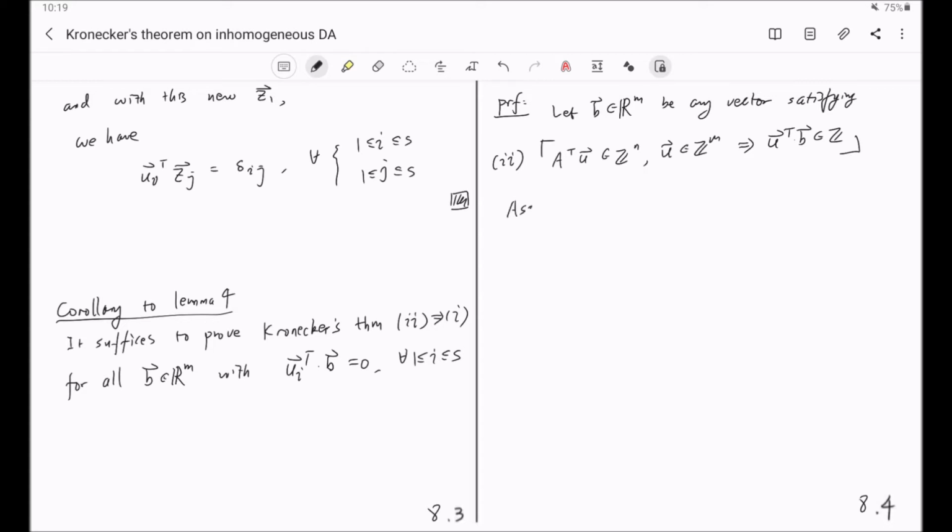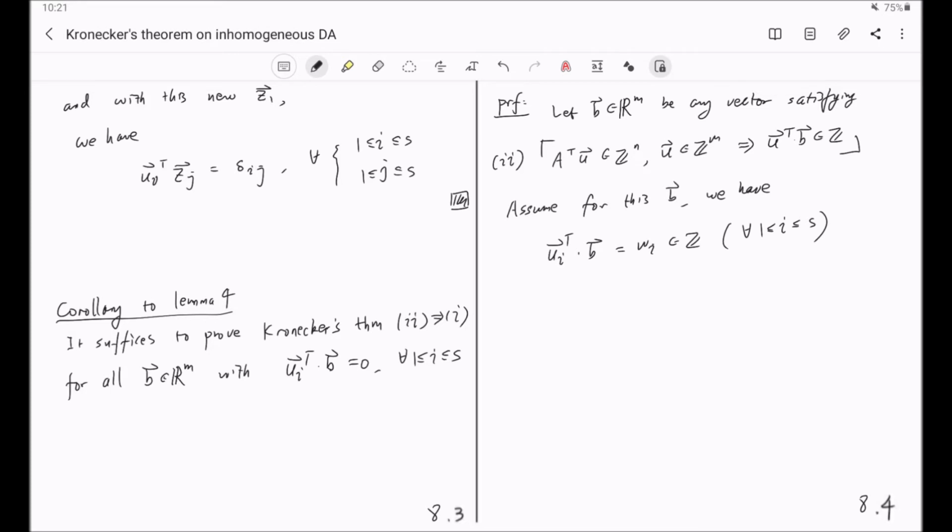And assume for this b, we have that U_i transpose times b is equal to w_i for any i greater or equal to 1 less than or equal to s.